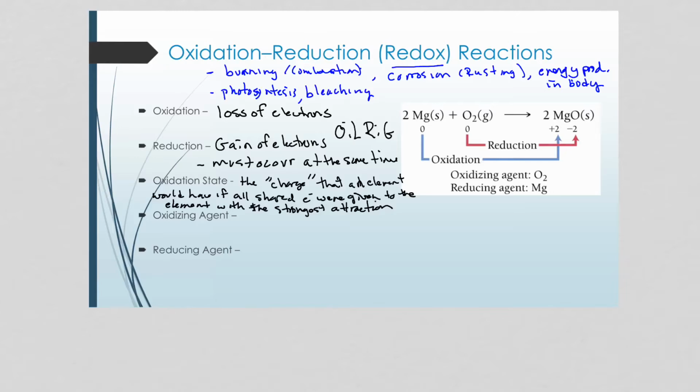Now, a couple of other terms that we want to illustrate here are, first of all, oxidizing agent and reducing agent. Now, again, I will apologize in advance, right? These terms are often confusing, especially with oxidation and reduction. But with a little practice, we can learn to differentiate them.